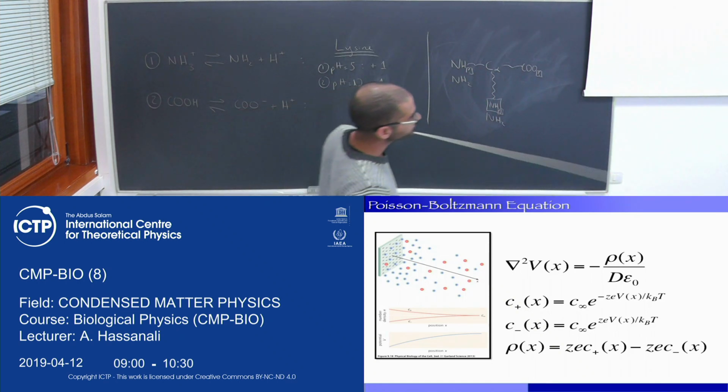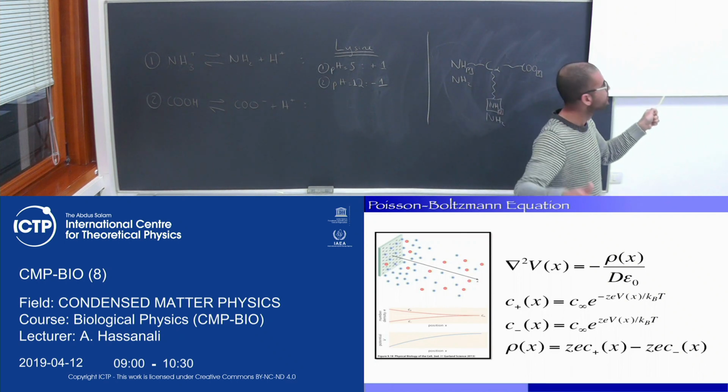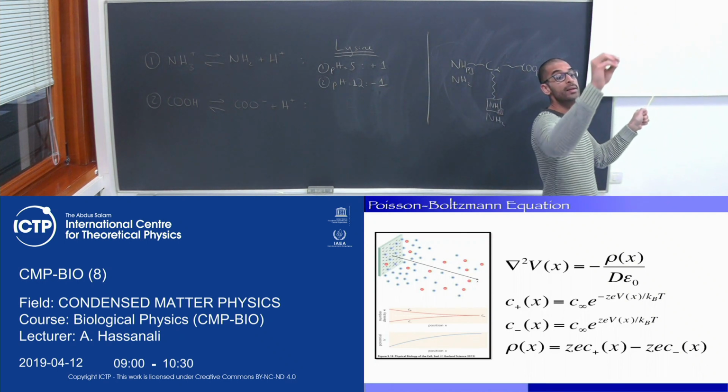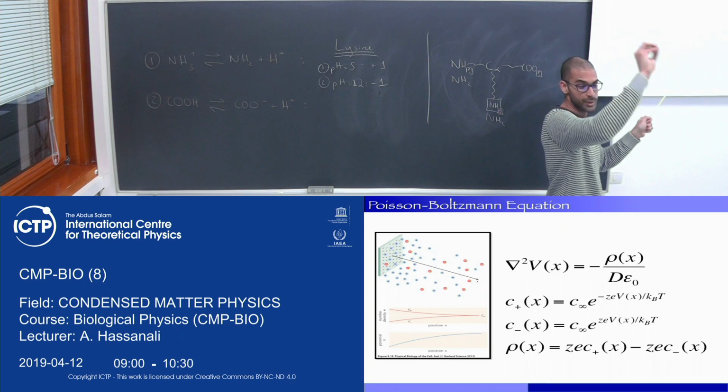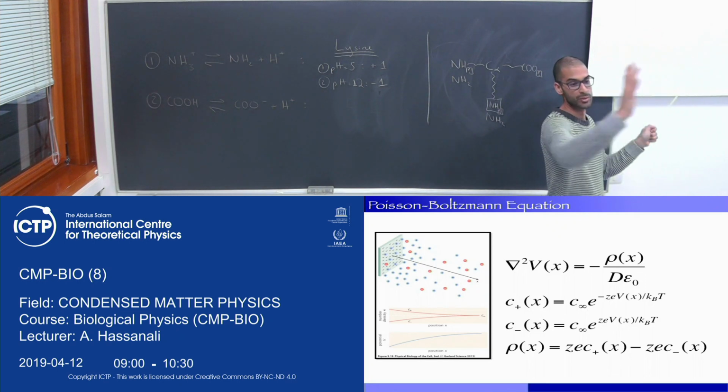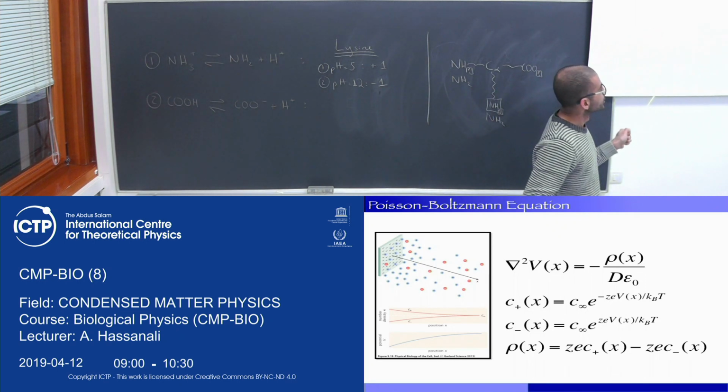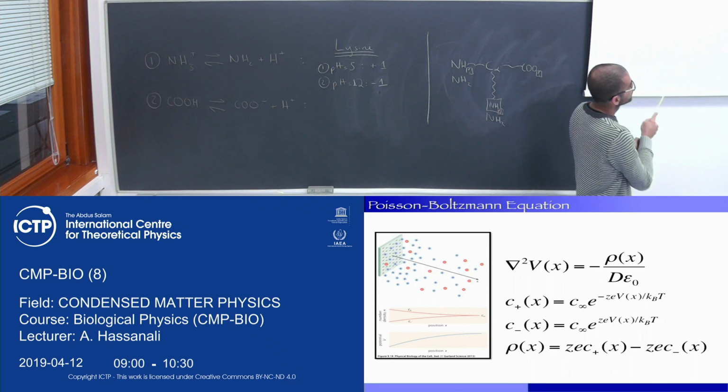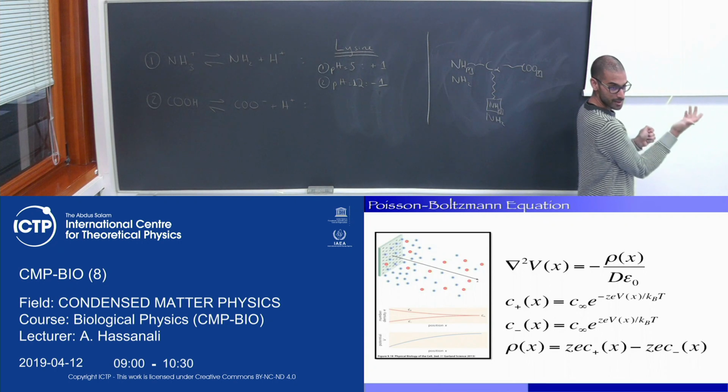These are the concentrations of how the ions change as I move from the surface to the bulk. So the charge density is the concentration times Ze. That's the charge density.